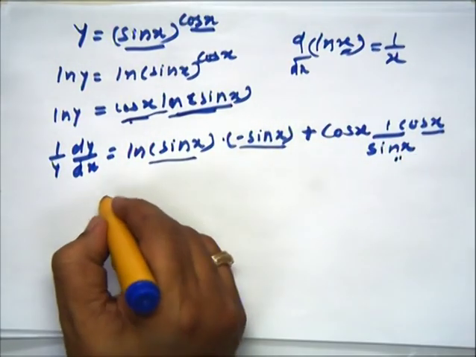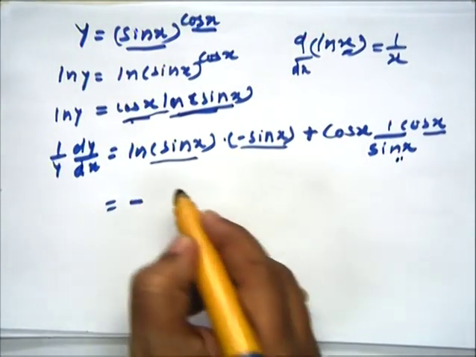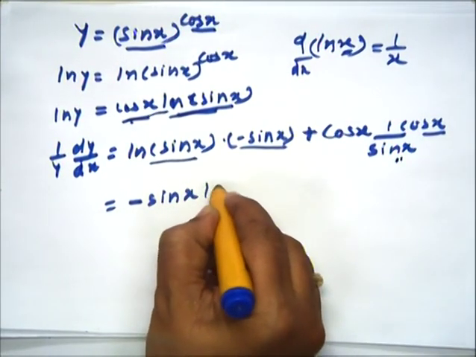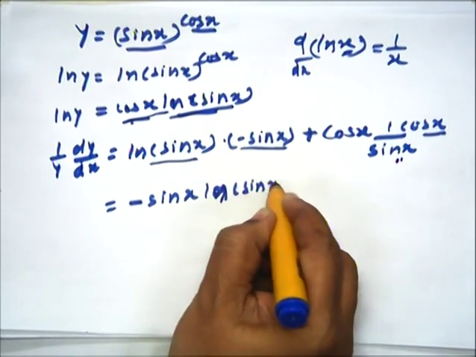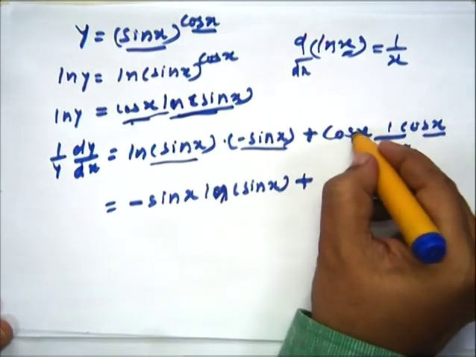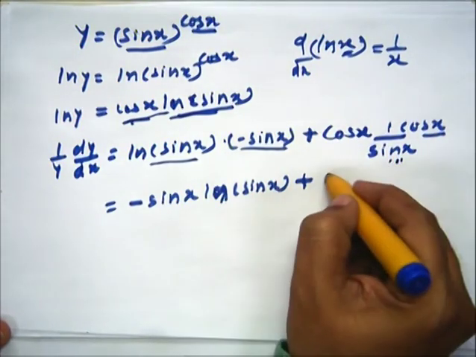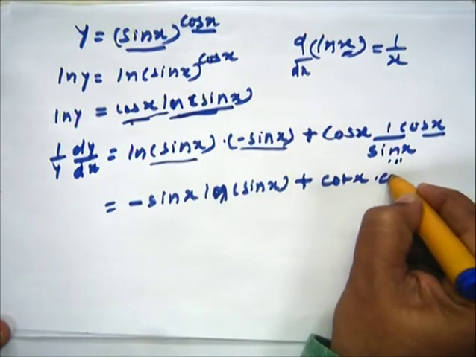Now simplifying this, we have minus sin x into log sin x plus cos x into cos x upon sin x, or we can say cot x into cos x.